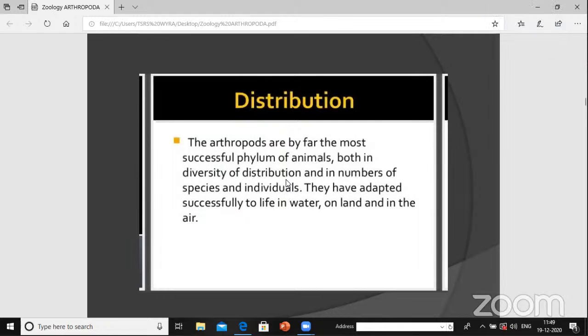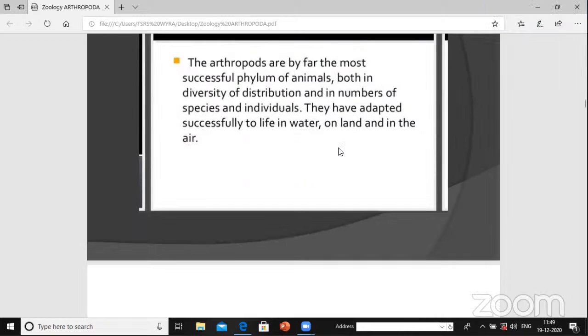The diversity of distribution and the number of species and individuals are more than the other organisms. They have adapted successfully to life in water and on land, in the air also. Okay, this is all about the distribution of the arthropods.